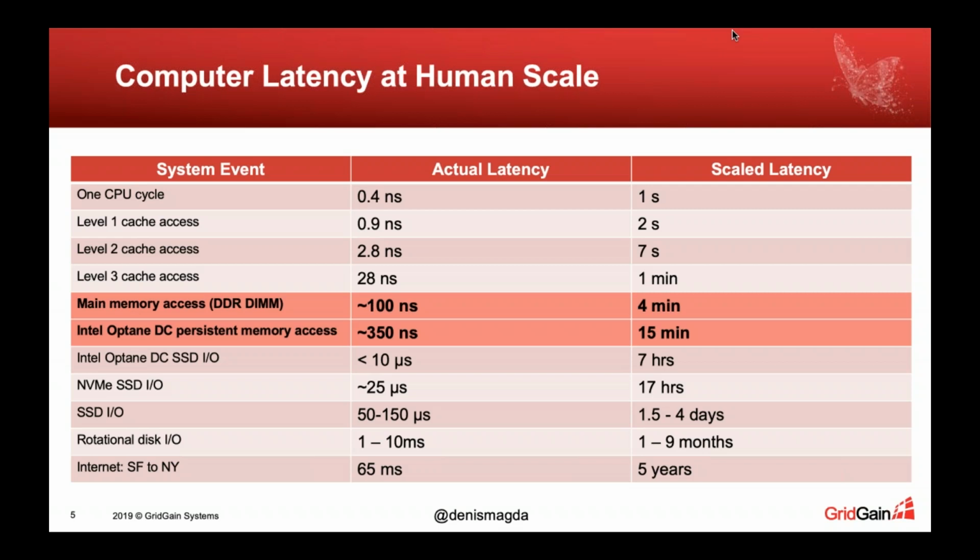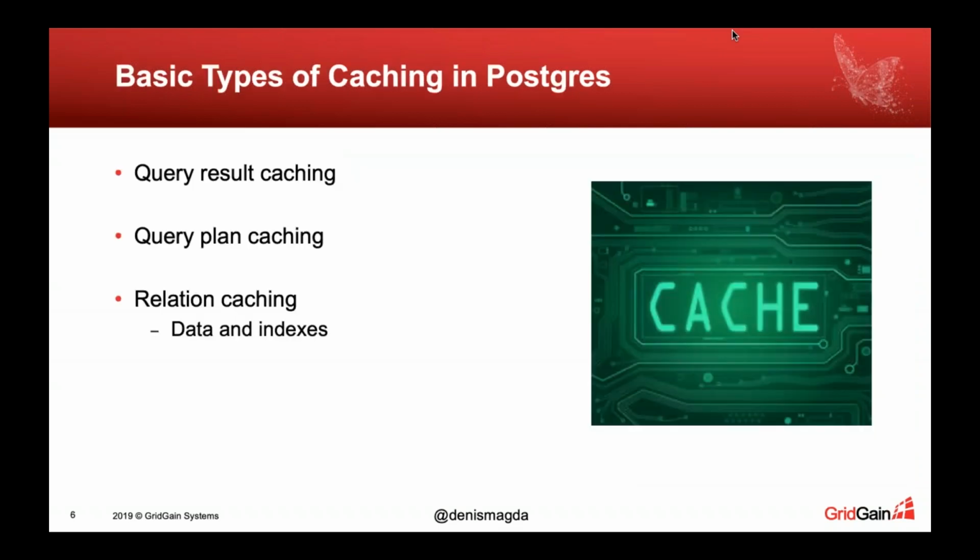That's why caching is so invaluable and prominent for our applications and for Postgres-based deployments. With the help of caching, we can reduce the latency from hours to minutes, judging by the human scale. So let's explore the techniques available for our Postgres database deployments.